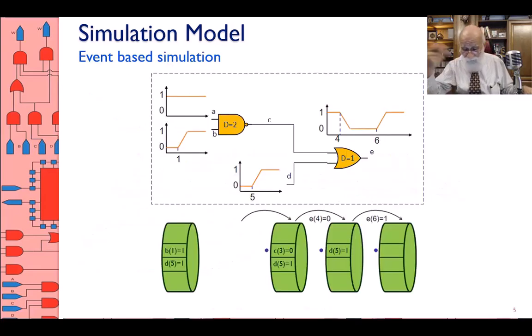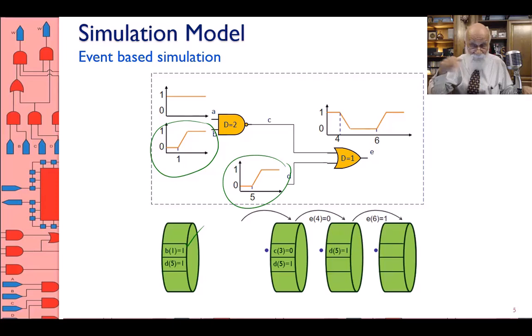We have something like this. This is called a timing wheel that includes the event queue. Something happens. Let's say, for example, B changes at time 1, so that's put in the event queue. D changes at time 5, so that's put in the event queue.